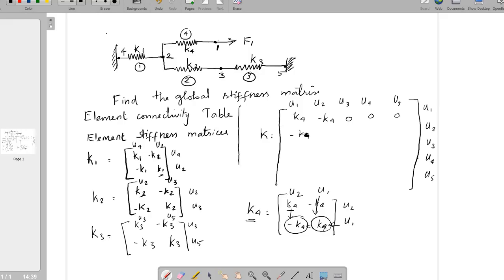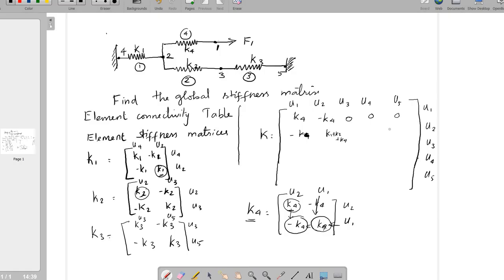So totally 3 stiffness constants to be added: the first is K1, the second is K2, and the third is K4.